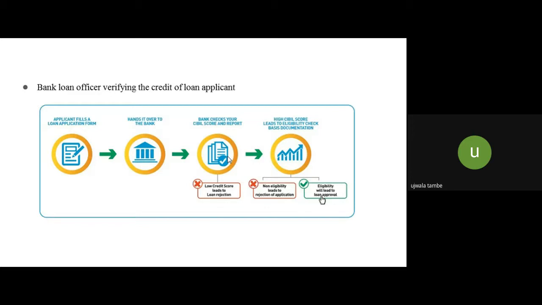Then the next one is the income proof. For income proof, you have to submit the latest 3-month bank statement and salary slips for the last 3 months, and you also have to submit 3 passport size photographs. If all these things are available with you, then you are eligible for the loan approval.